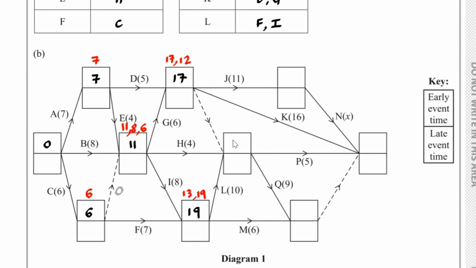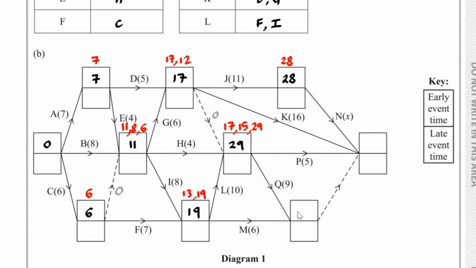Now, going into here, noticing that a dummy has a weight of 0, 17 plus 0 is 17, 11 plus 4 is 15, 19 plus 10 is 29. The largest one here is 29. 29 goes here. Next, going into here, we have 17 plus 11, which is 28. Nothing else is going in, so we write down 28 here.